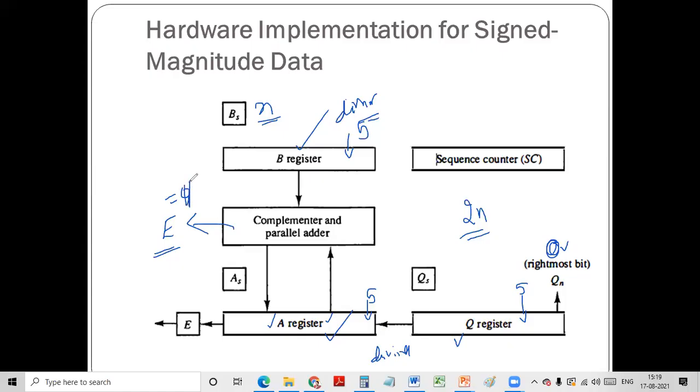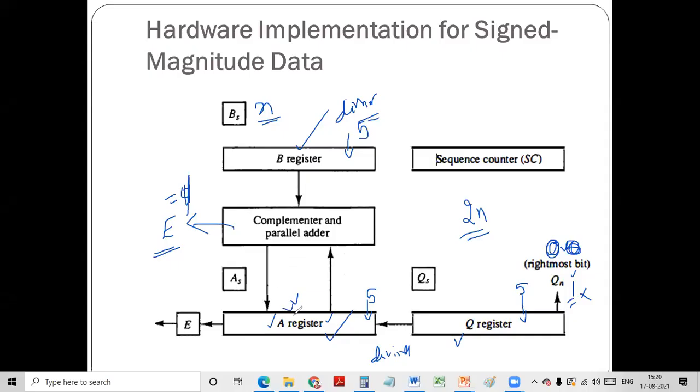If the E bit is 1, it means the result is positive, so the Qn value can be fixed as 1. If the result is negative, it means Qn is not 1 right now; it is 0, because the subtraction cannot be done as A is lesser than B. I need to restore A, because after performing the subtraction A minus B, the result is saved back to A. If your end carry is 0, it means A is less than B, and you should not do the subtraction.